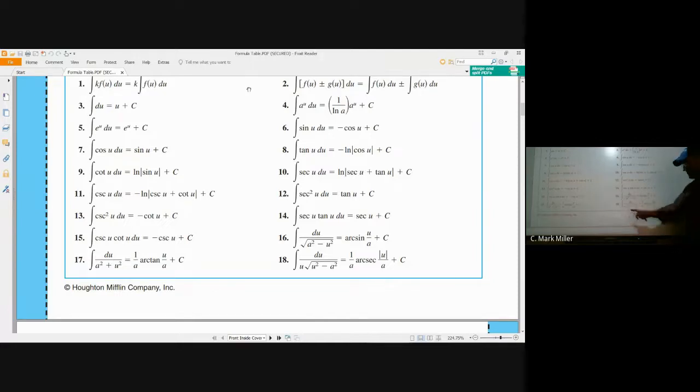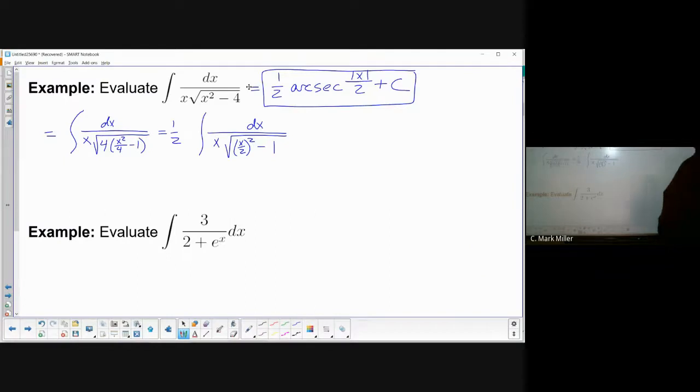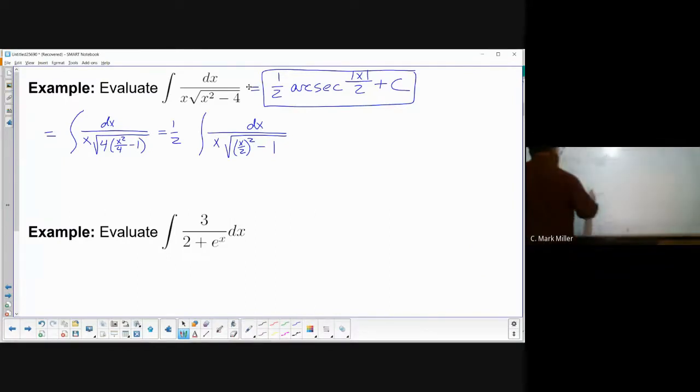I need an x over 2 outside the radical. So right here, I need an x over 2. All right? So this is a u. That's u. This is u.